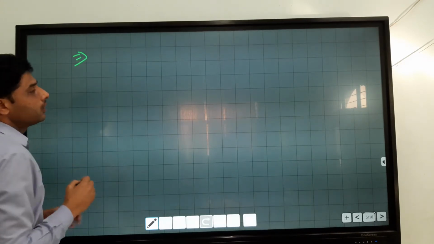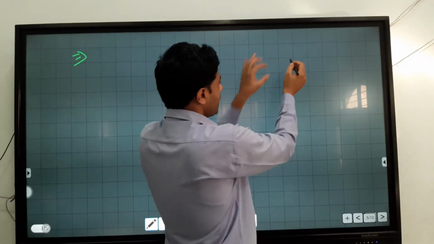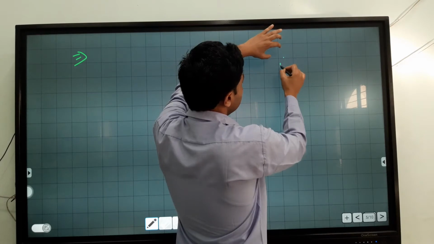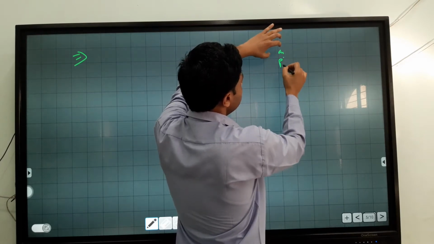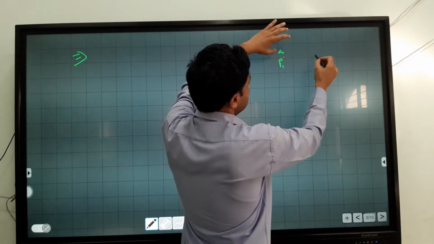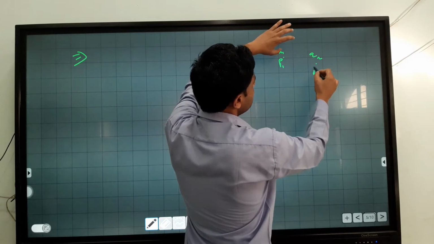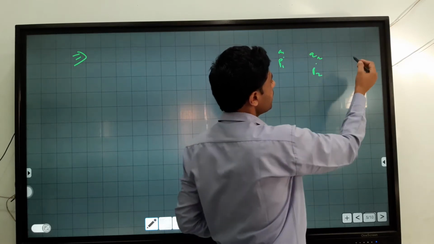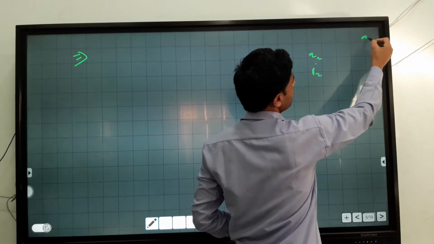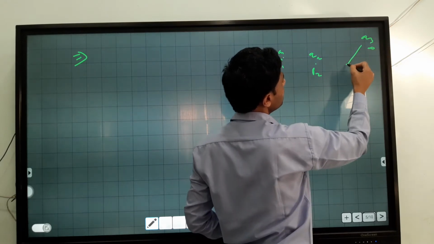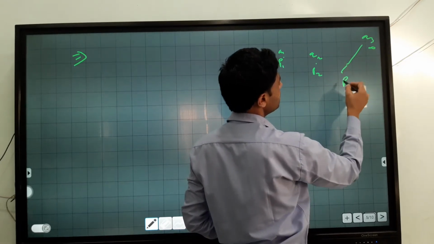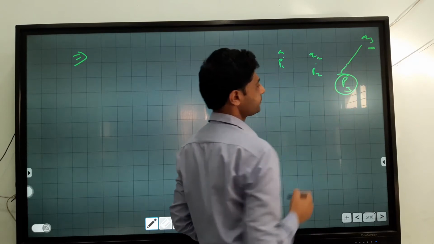Now, Q1 is placed at point P1 and Q2 is placed at P2. Now we have to carry Q3 charge from infinity to point P3.